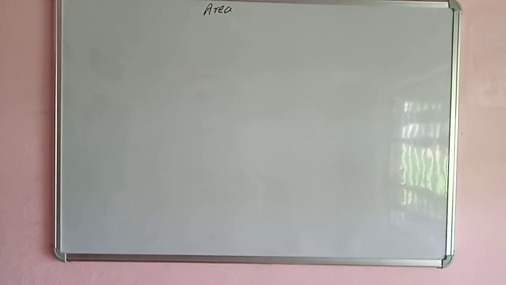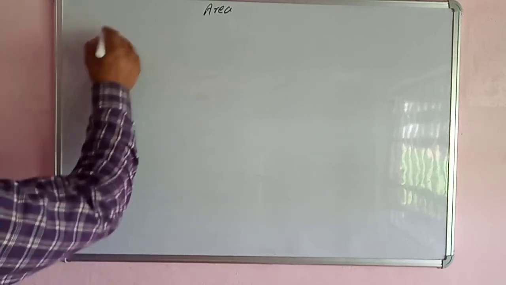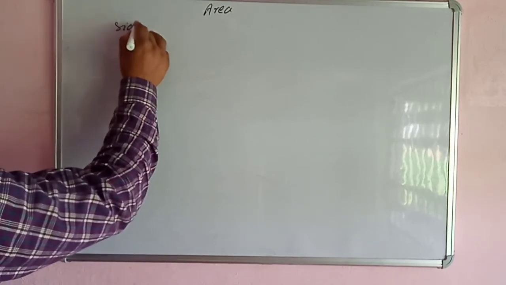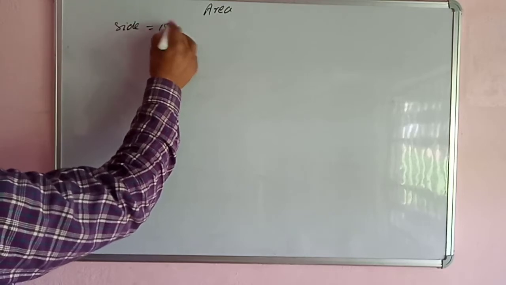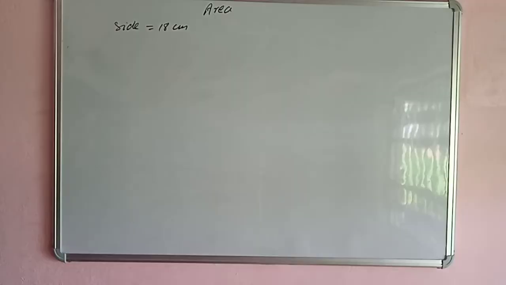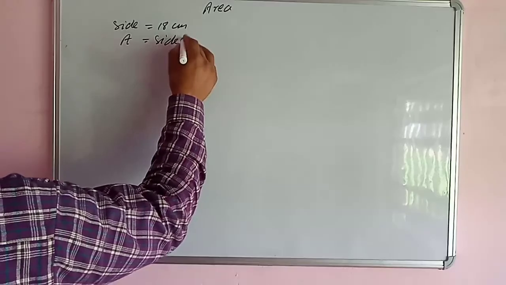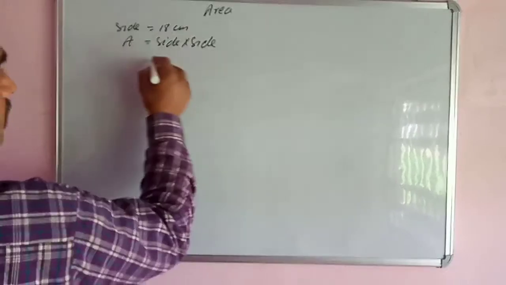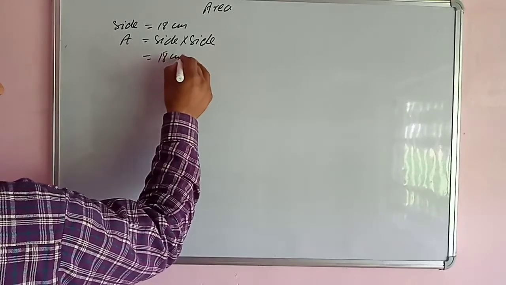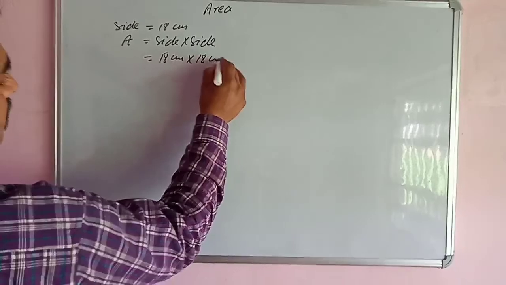Next, find the area of a square whose side is given as 18 centimeter. What is the area? The area is equal to the formula side multiply side, that is 18 centimeter multiply 18 centimeter.